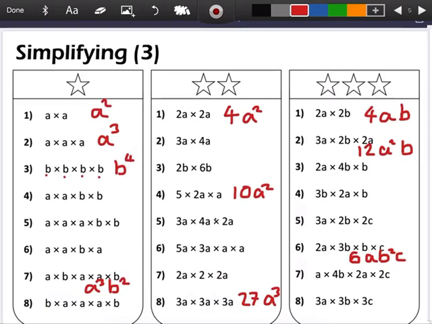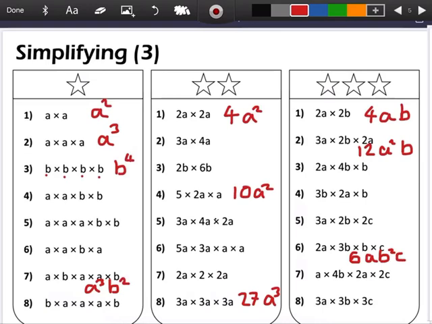Now you'll notice I've put these in alphabetical order, but you'd get full marks if, for example, on question 6 you wrote 6b squared ac or 6c b squared a. You would still get the marks. By convention, I've just done these in alphabetical order.